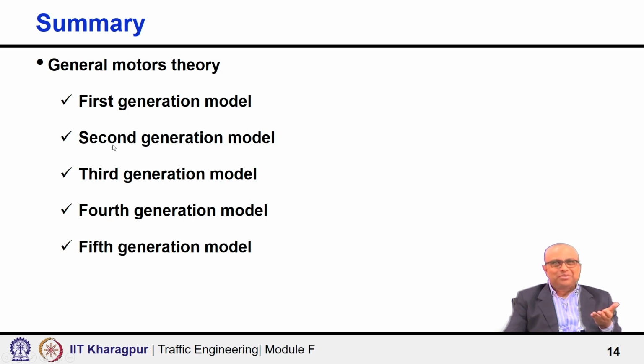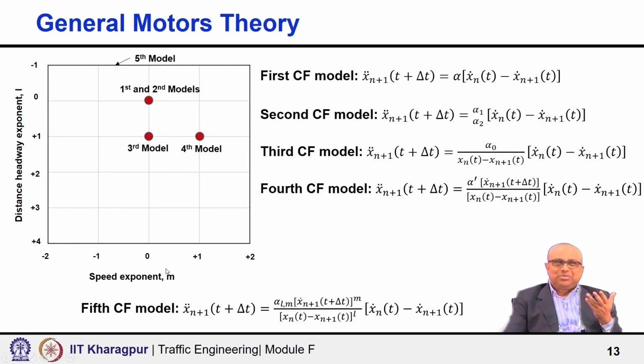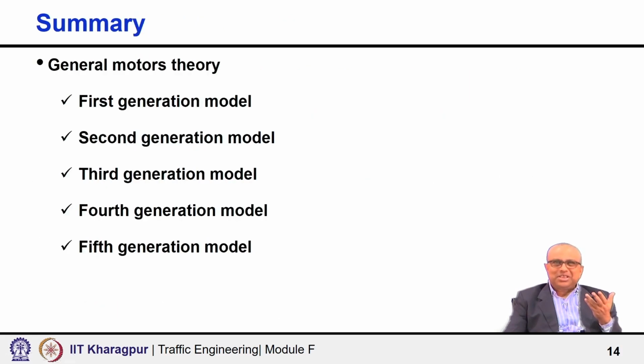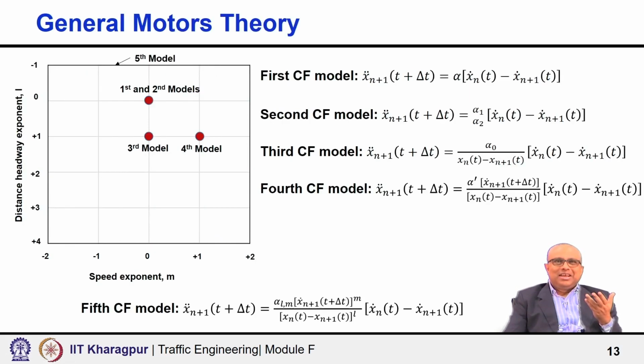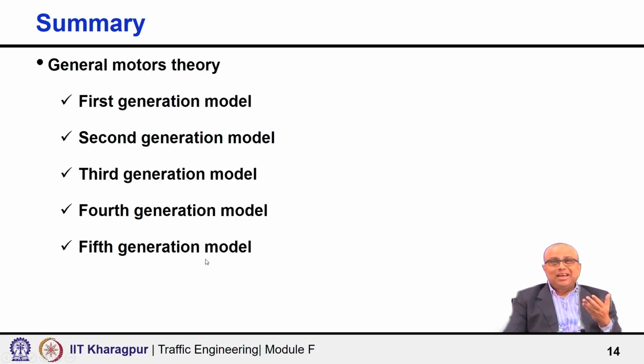With L 0, m 0 you get the first generation, L 0, m 0 you get again the second generation, L 1, m 0 you get the third generation, L 1, m 1 you get the fourth generation, and any other generalized value of L and m, you get the generalized fifth generation model.